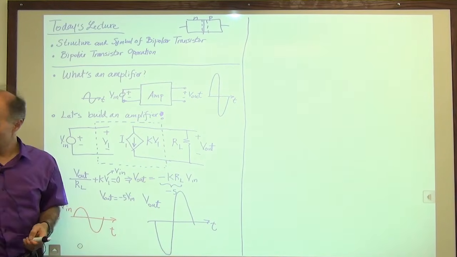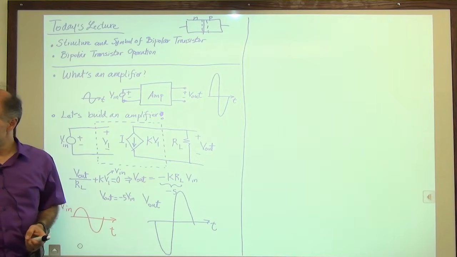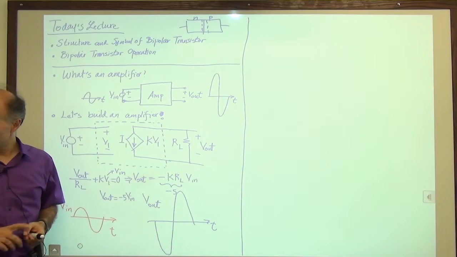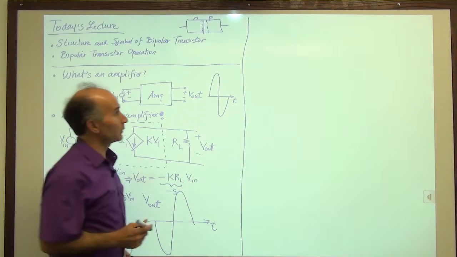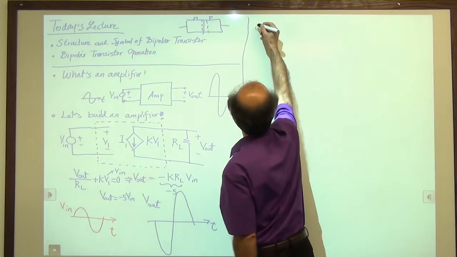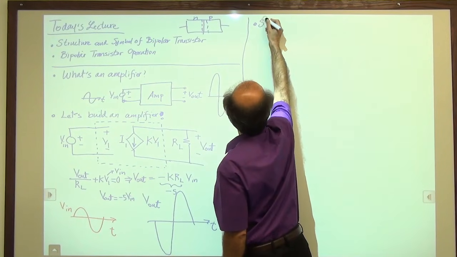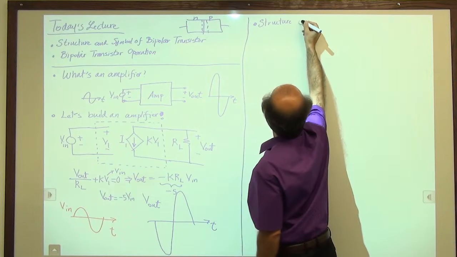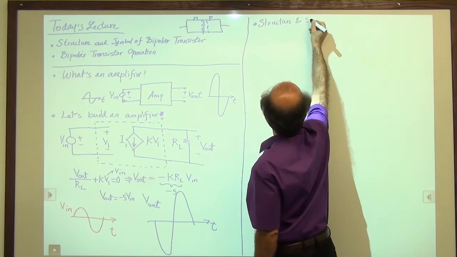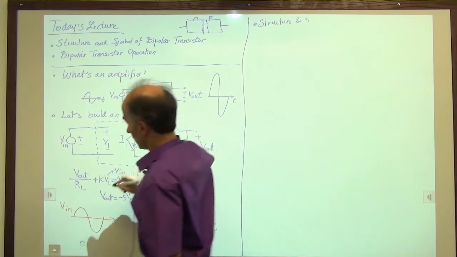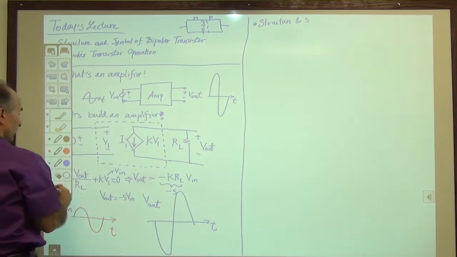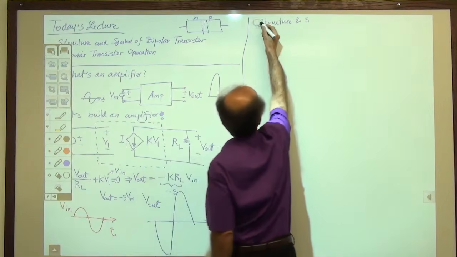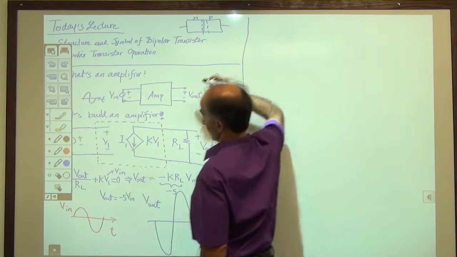Okay, so now we are ready to go to the bipolar transistor, and we start with the structure and symbol. Actually, sorry, let me do something else before I go there. I want to talk about a few other concepts before we go there.